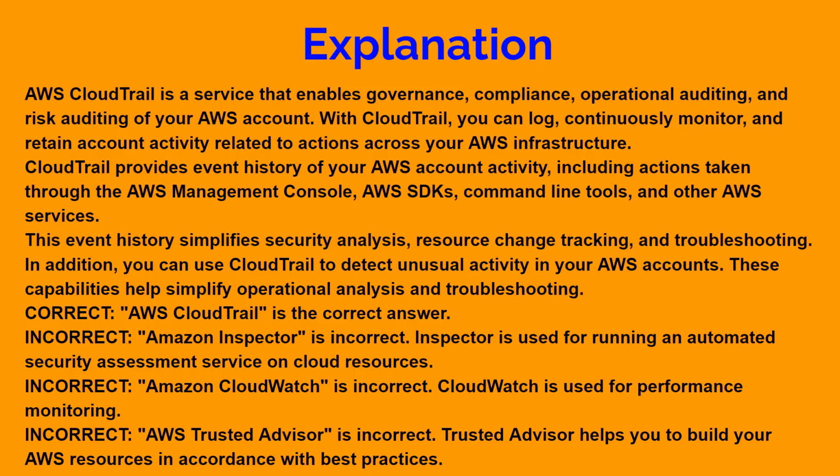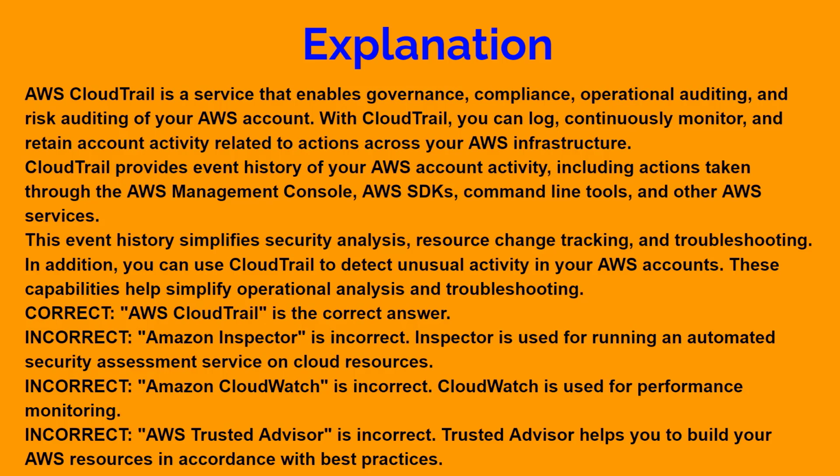CloudTrail provides event history of your AWS account activity, including actions taken through the AWS Management Console, AWS SDKs, command line tools, and other AWS services. This event history simplifies security analysis, resource change tracking, and troubleshooting. In addition, you can use CloudTrail to detect unusual activity in your AWS accounts. These capabilities help simplify operational analysis and troubleshooting.